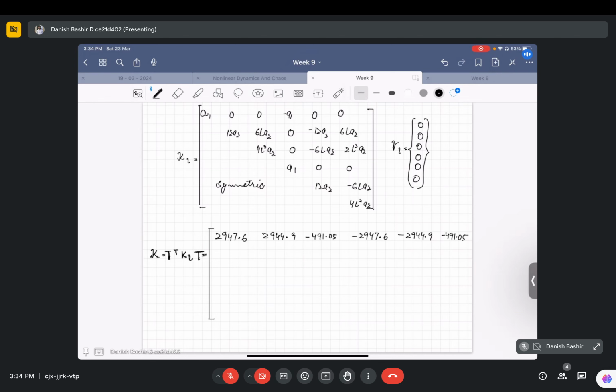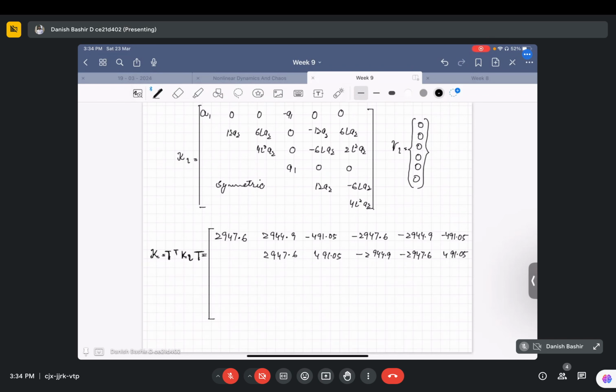Similarly, since it's a symmetric matrix, we will write the other values: 2947.6, 491.05, minus 2944.9, minus 2947.6, 491.05.